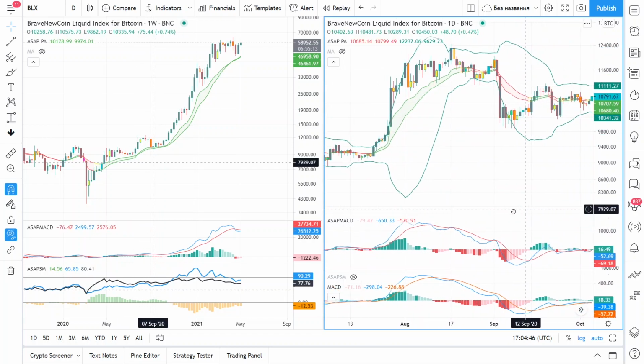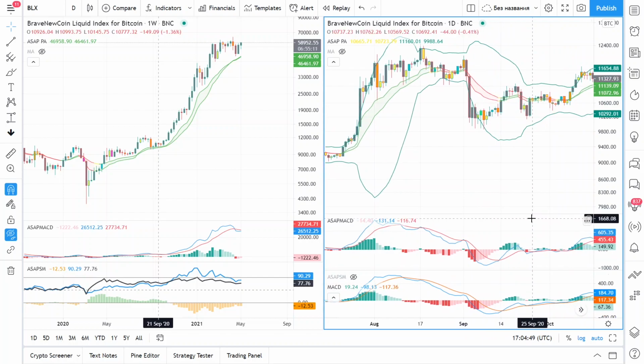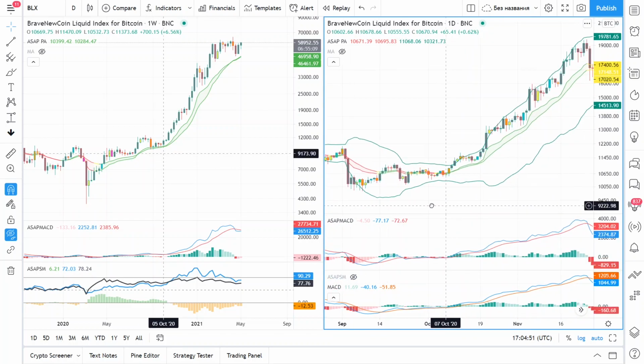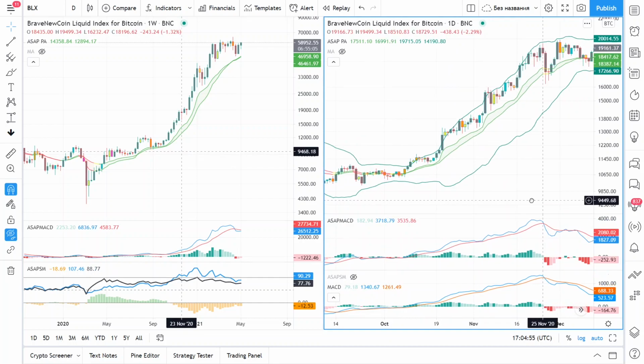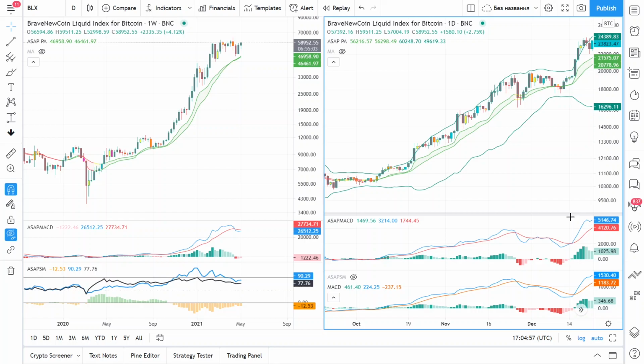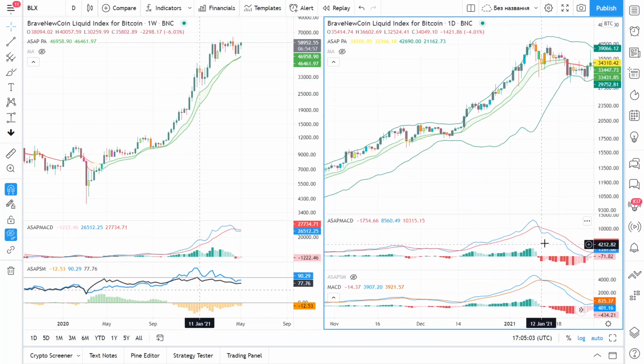Around here, they both cross at the same time. Here ASAP MACD crosses 1 bar ahead. Here as well, it crosses 1 bar ahead. So you've got an idea.